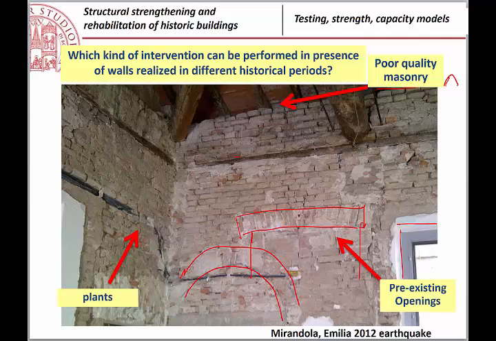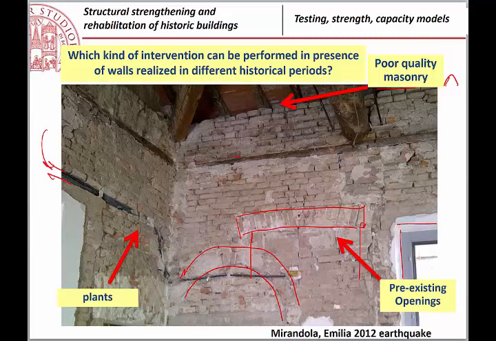It was an isolated building. There was no idea that it was a building realized in different periods. You can imagine in a really historical building the difference in the inhomogeneities that you can have. Sometimes the inhomogeneities are due to recent interventions.